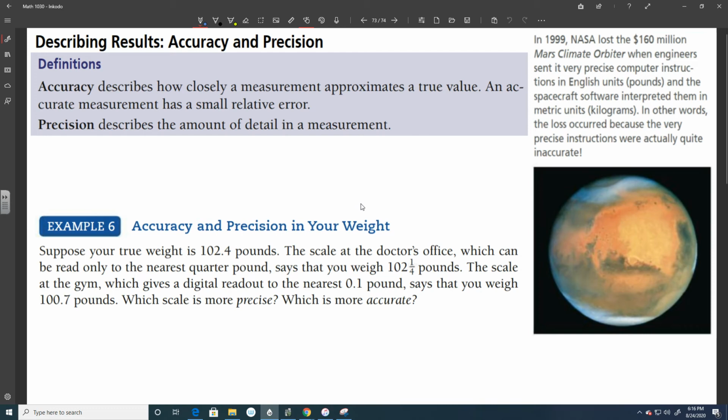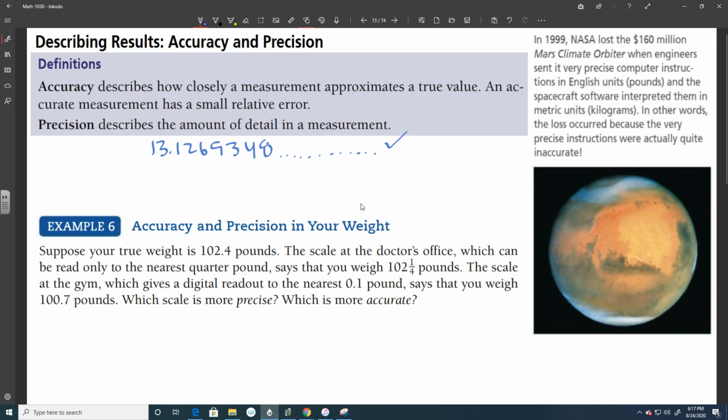And when I say precise, I mean their measurement, just for example, was 13.1269348. The number of decimals that they measured was ridiculous. It was very, very precise. They were very detailed in the measurement that they sent to the orbiter.